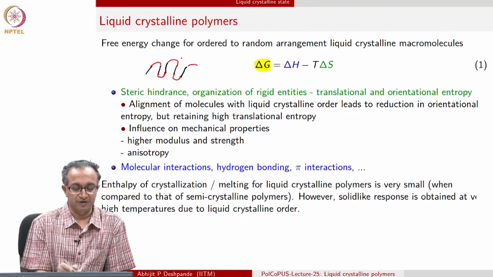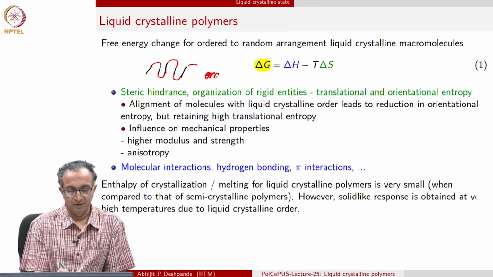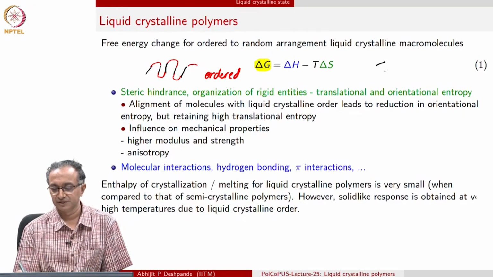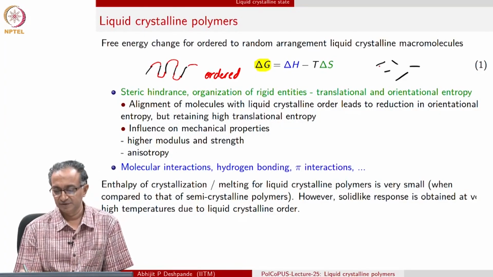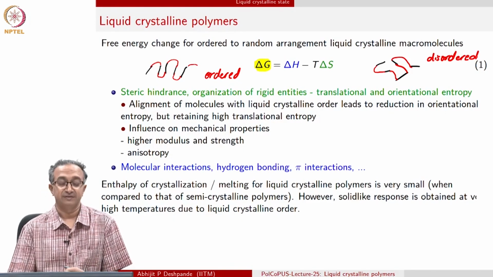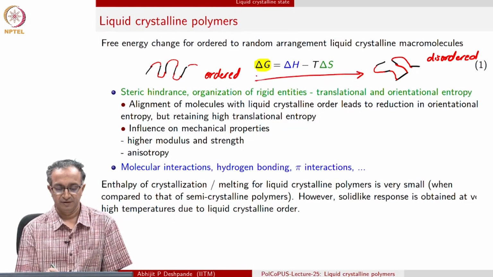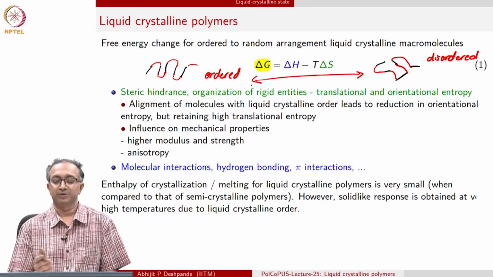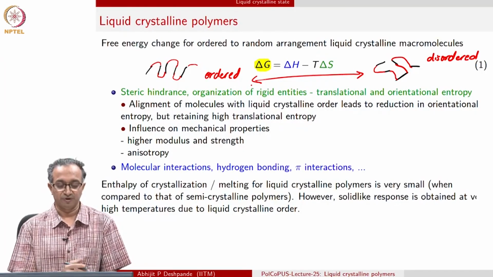So, you could have an ordered state, or you may have a disordered state. So, when we look at the transition, we are looking at a disordered state going to an ordered state.